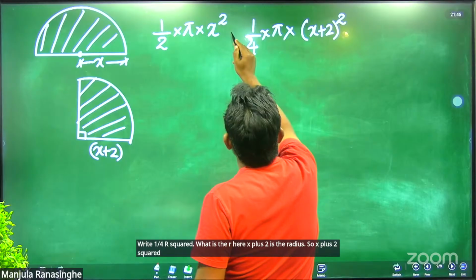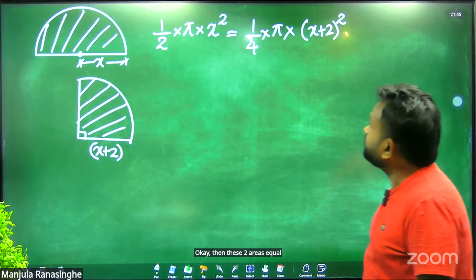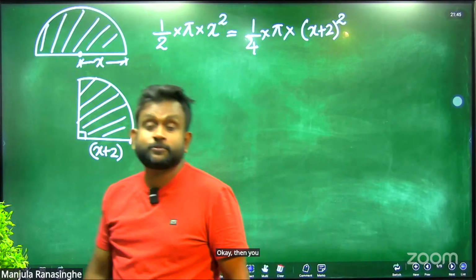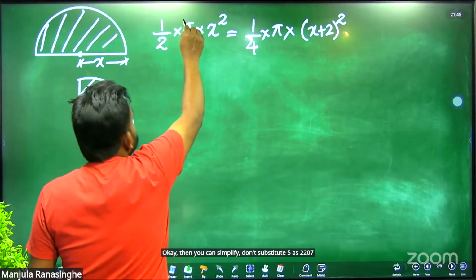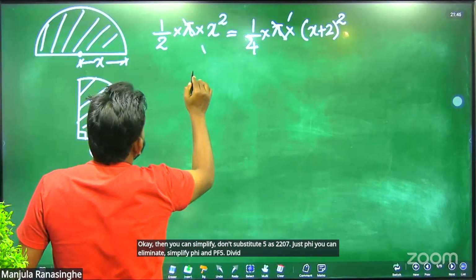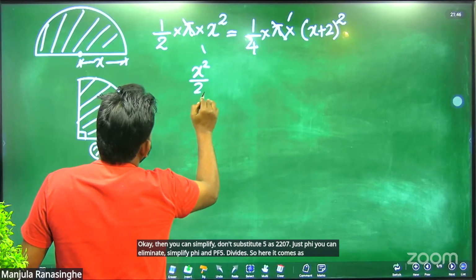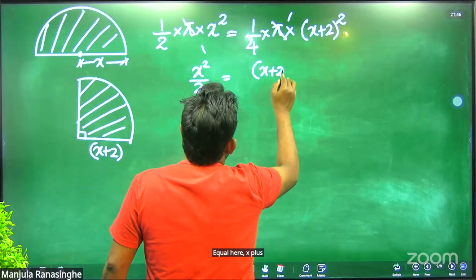Then these two areas are equal, and you can simplify. Don't substitute pi as 22 over 7. Just eliminate pi, since pi divides on both sides. So it comes as x squared over 2 equals x plus 2 squared over 4.